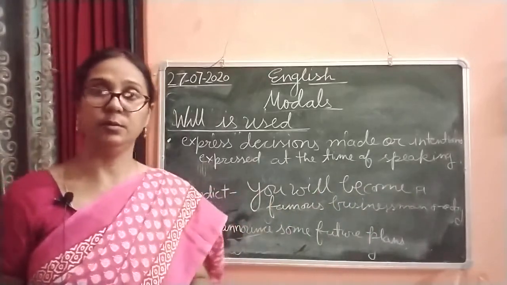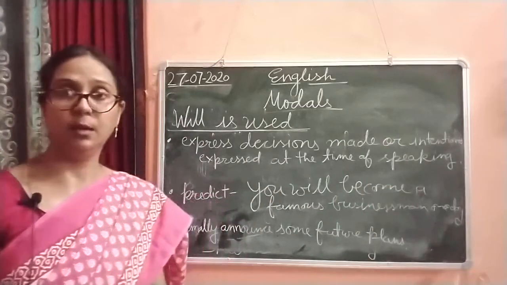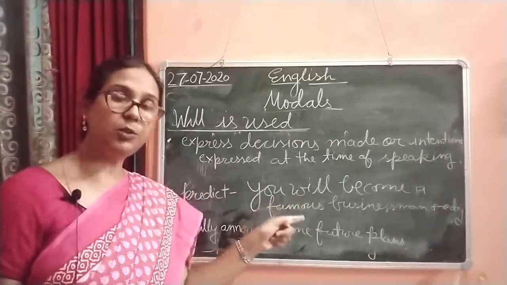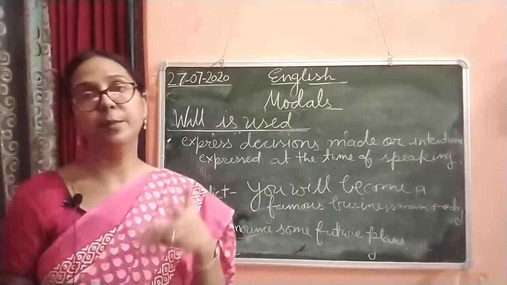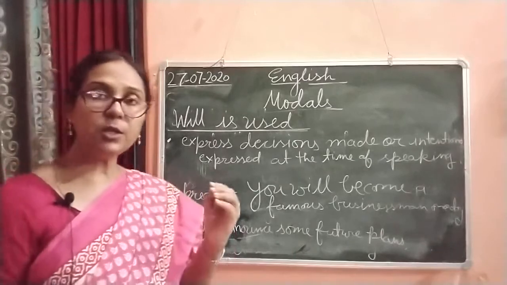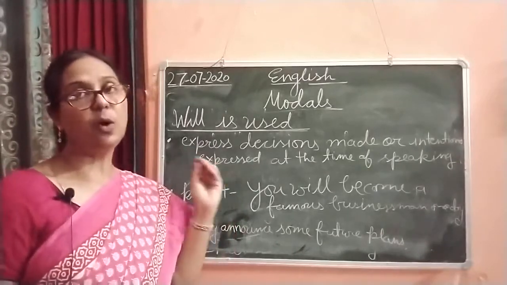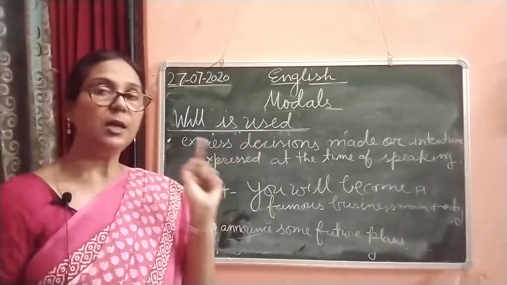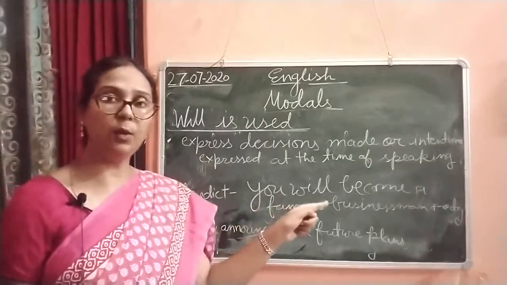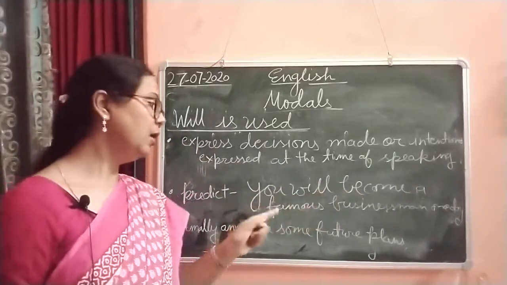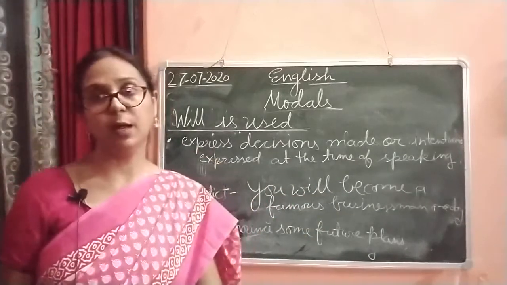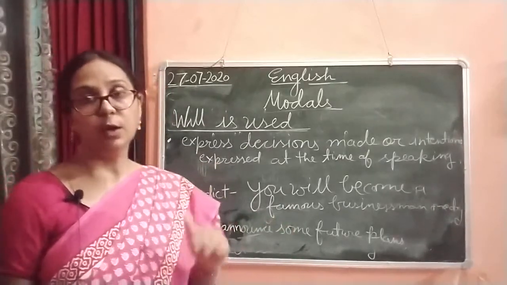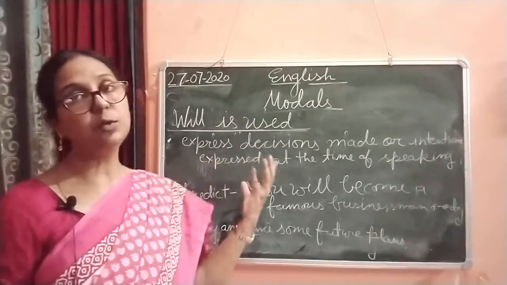It is my prediction. I am predicting something that will happen in the future, but I am very assured about it. Prediction is shown by the use of will. For prediction, that is the best use of will. "You will become a famous businessman one day." So it is showing the prediction also. To show a prediction, we use will.